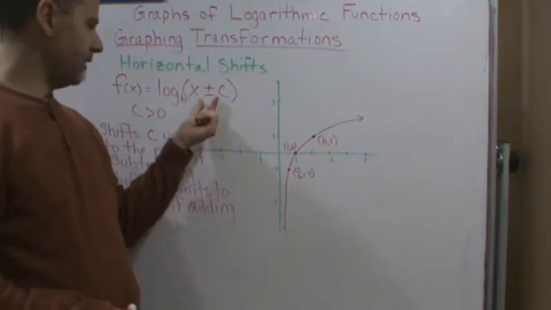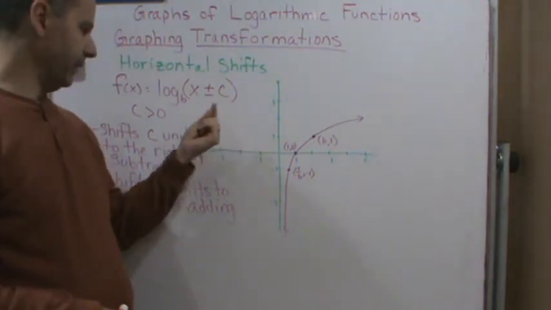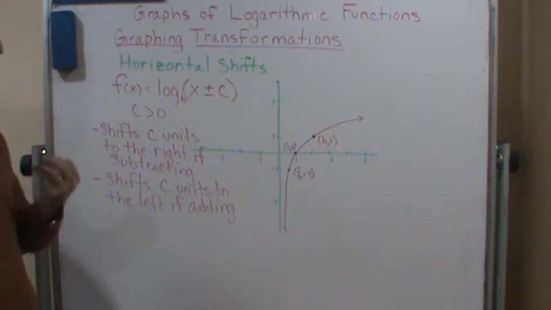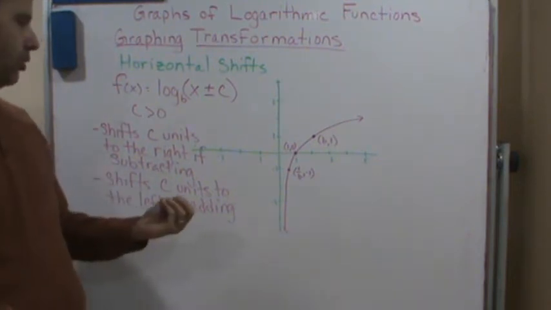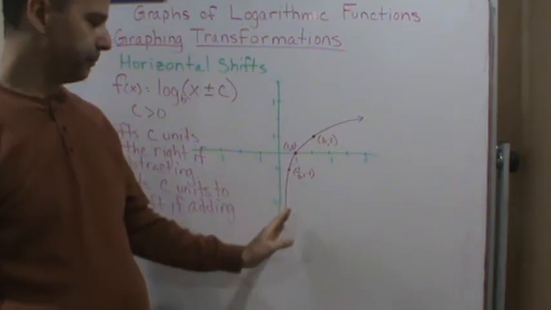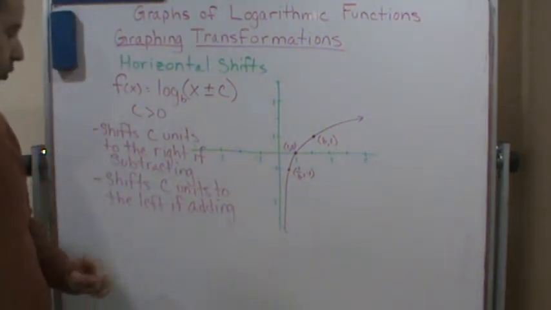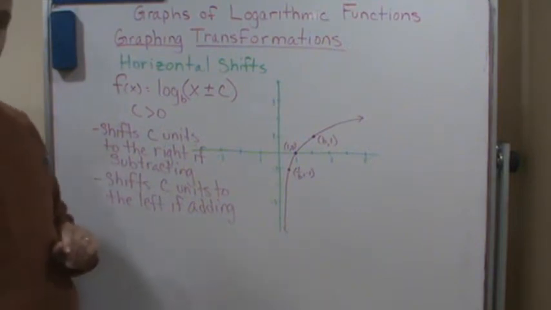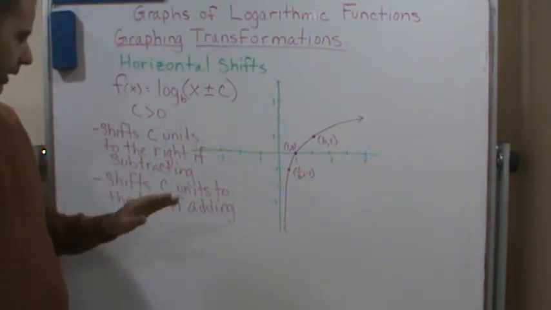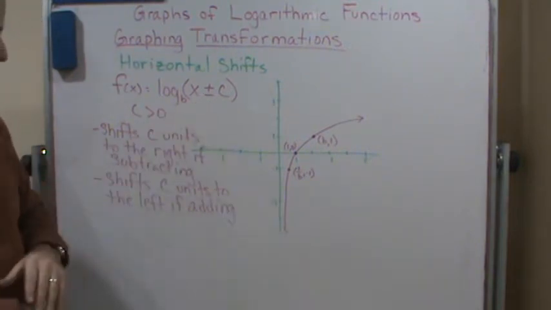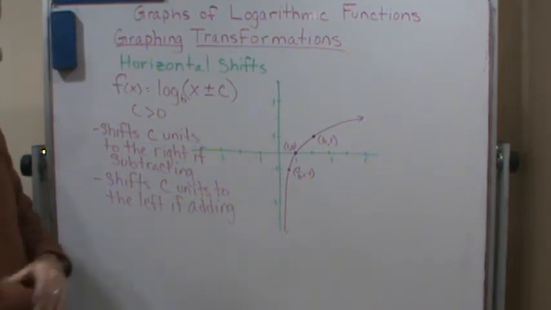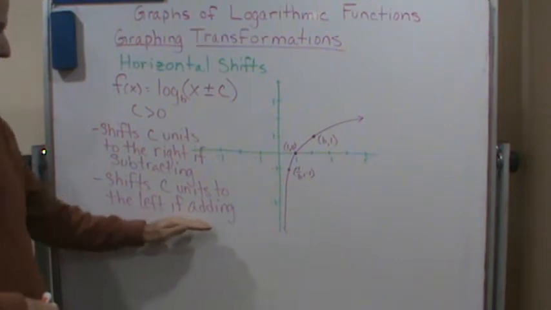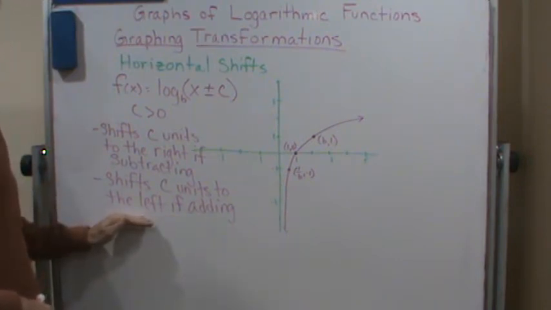So if you're inside the function and you're subtracting a constant, you're going to shift the graph of the parent function to the right. So if you're subtracting, you're moving to the right. If you're adding some constant inside the function, so x plus c, then you're going to be shifting c units to the left.